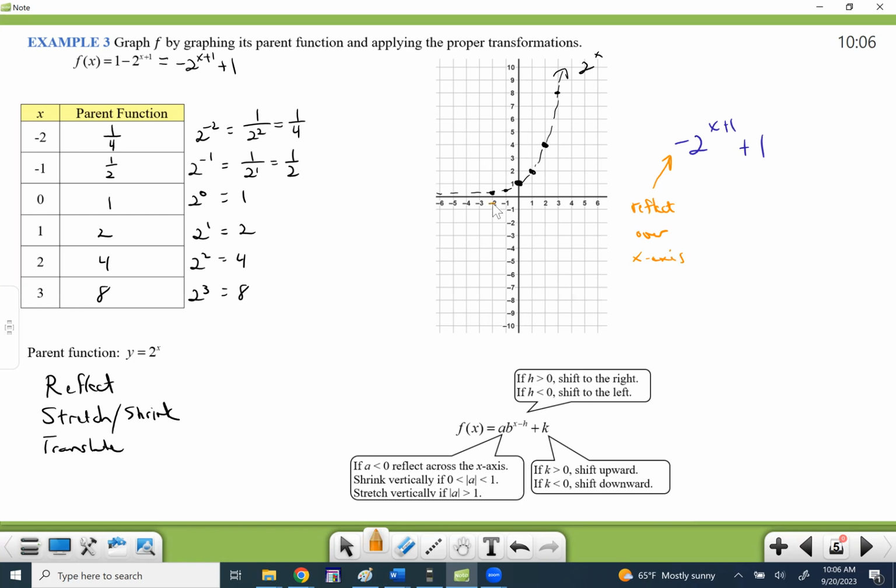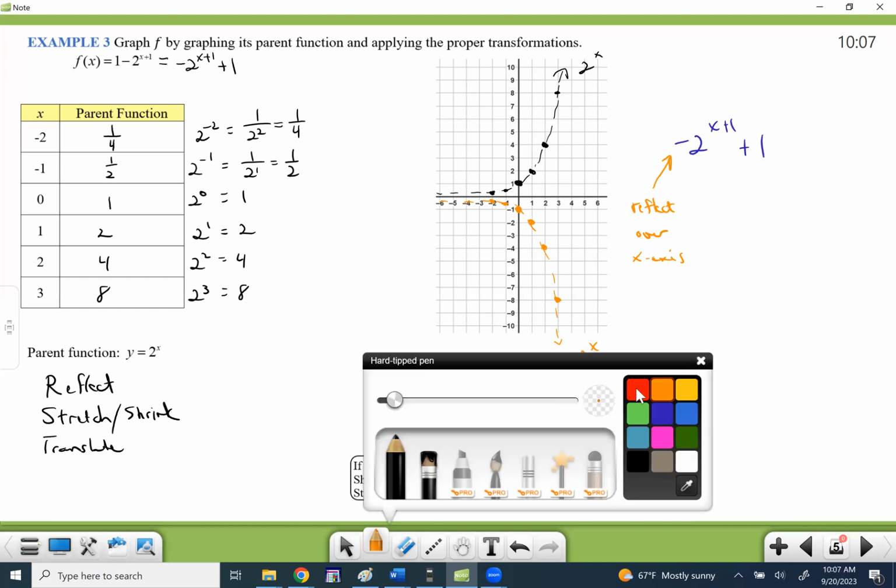Okay, so I'm going to try to reflect all of these points over the x-axis. 1, 1, 2 away, 2 away, 4 away, 4 away, 8 away, 8 away. Okay, so something like this. I'm still going to make it dashed because this is not the final answer. This is only -2 to the x. Okay, so we reflected over the x-axis.